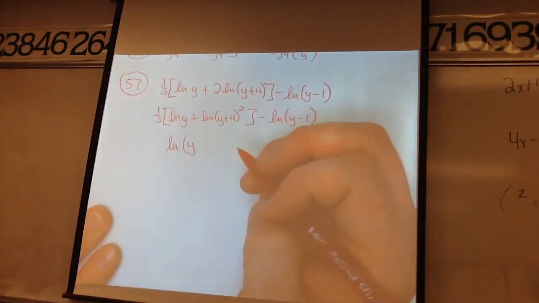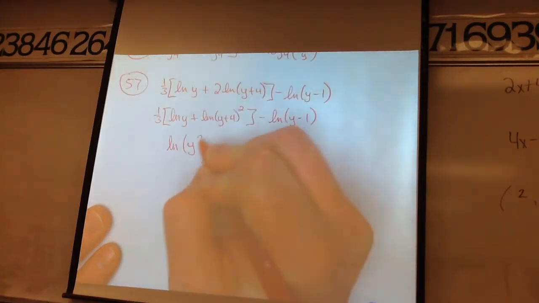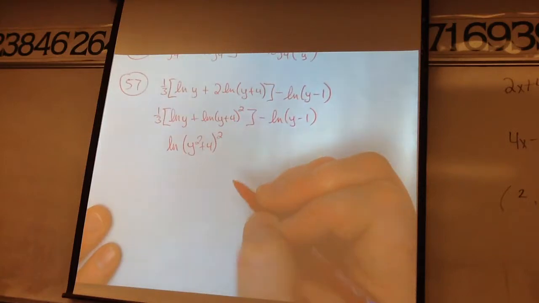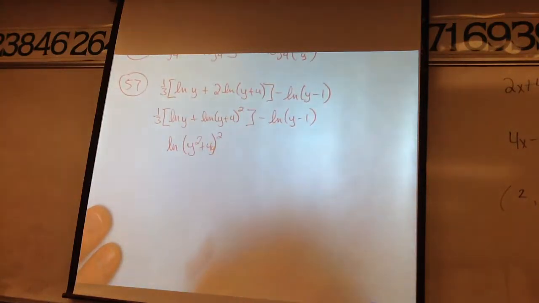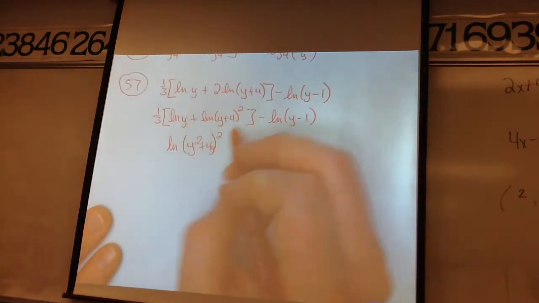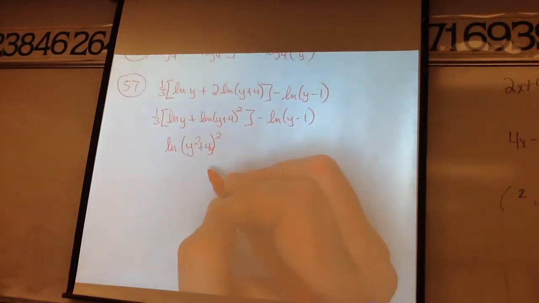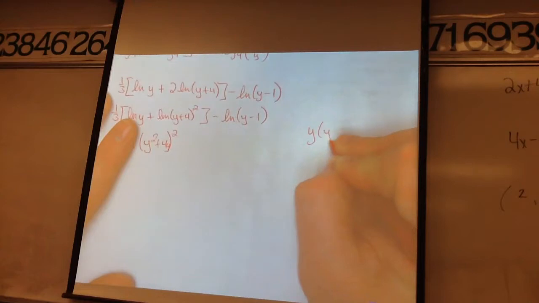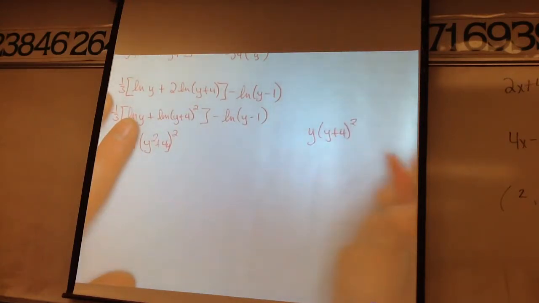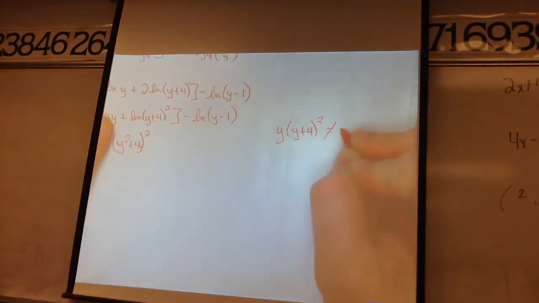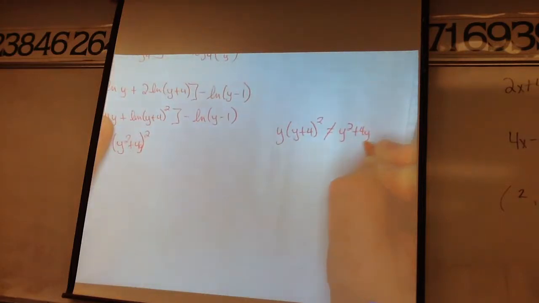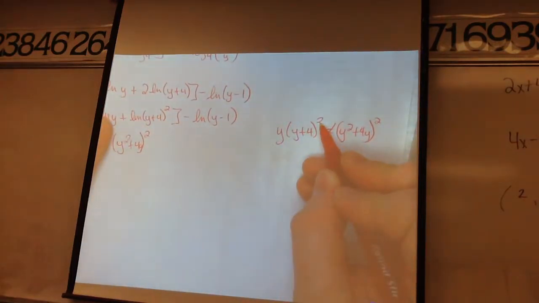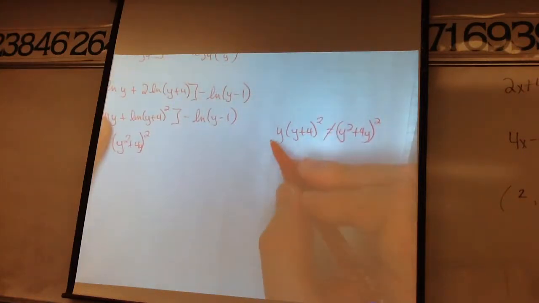I think we can actually do this. You multiply y to the fourth by y squared. In normal math, if you have this, it does not equal this, because you would have to square first before you multiply.